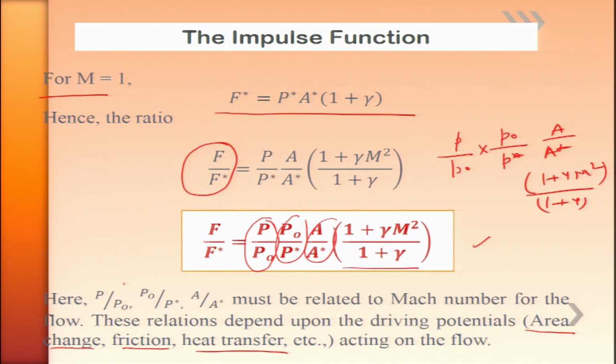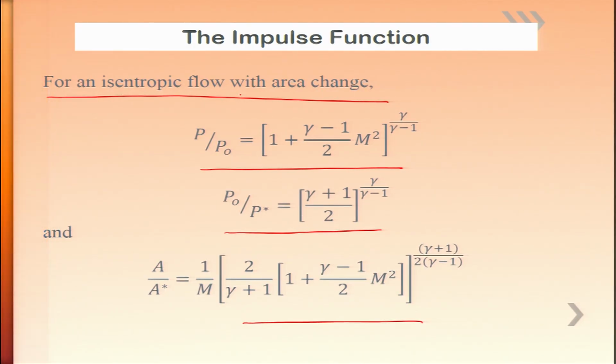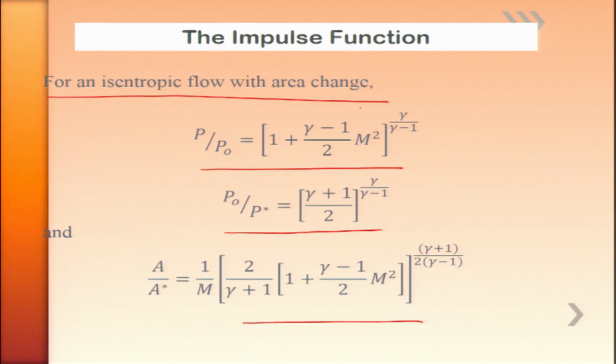Then if we replace those relationships here, that is isentropic flow, reversible and adiabatic with area change and frictionless, that is inviscid flow, then P by P naught, we can write it like this: when m is equal to 1, this essentially becomes P naught by P star, and hence the area Mach number relationship we have just obtained.